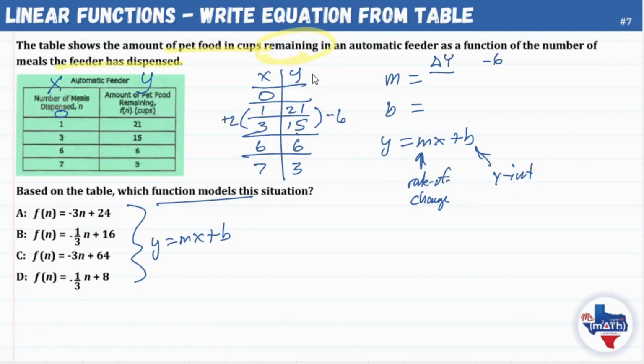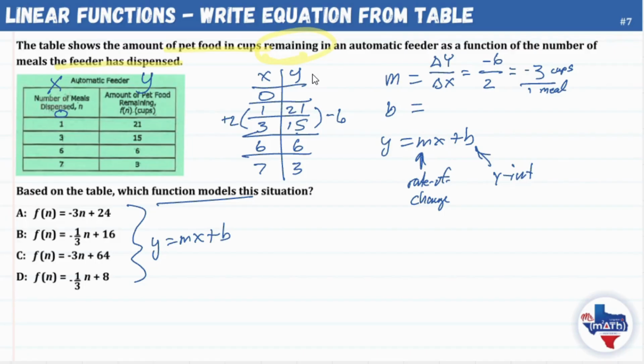So negative 6 for change in y, and then positive 2 for change in x. So negative 6 divided by 2 means that we're losing 3 cups per meal. So 3 cups of food per 1 meal. So every time we give the dog a meal, we're pulling 3 cups of food out of the bag.